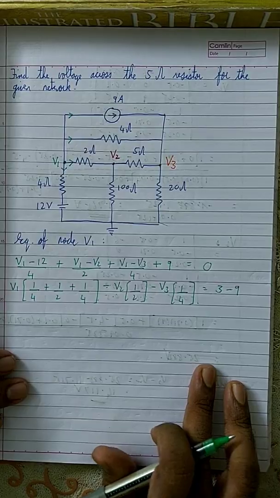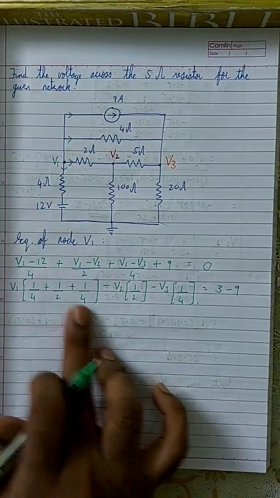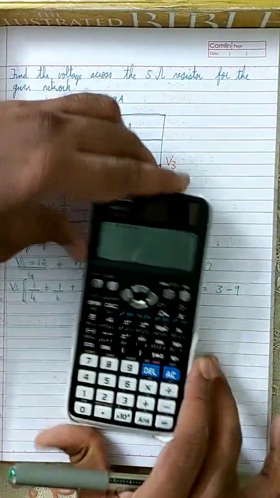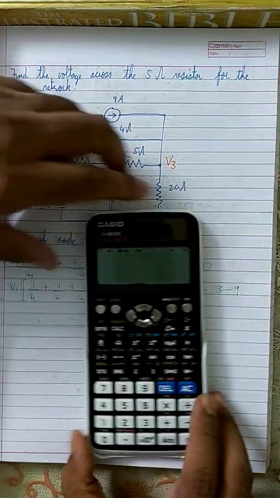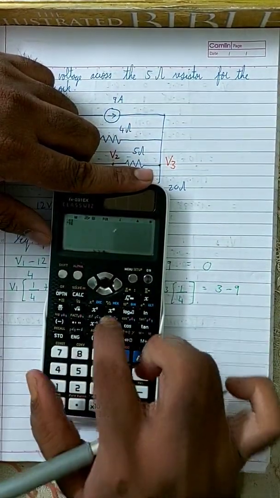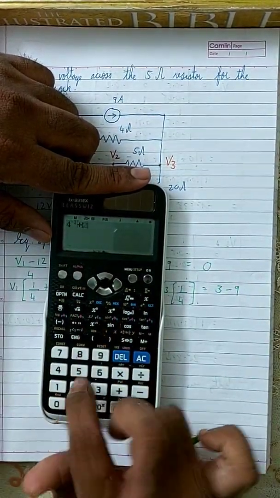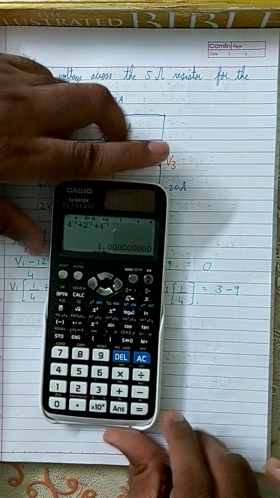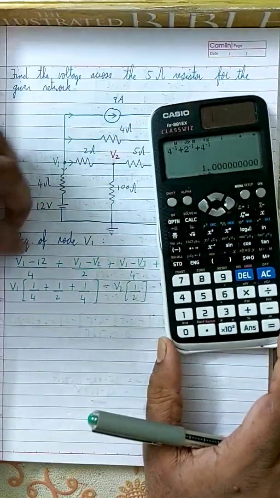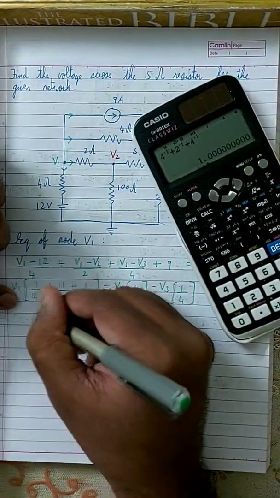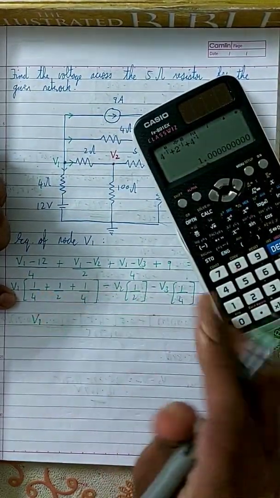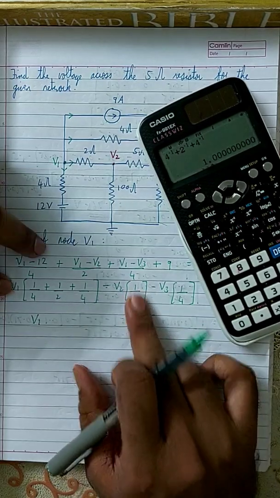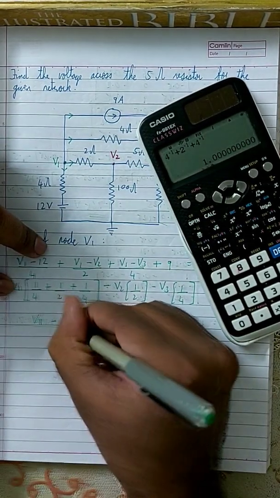Let me find the coefficients. What is the coefficient of V1? This is 1 by 4 plus 1 by 2 plus 1 by 4, which gives 1. So V1's coefficient is 1 itself. Here 1 by 2 is nothing but 0.5, so you don't have to use a calculator.